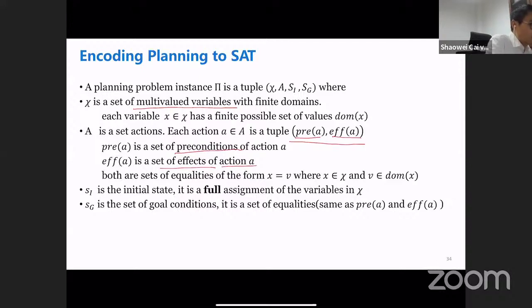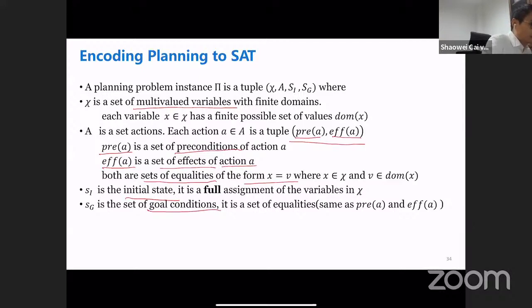Both preconditions and effects are sets of equalities of this form. Actually, they describe some states. And then we have the initial states and the goal condition.